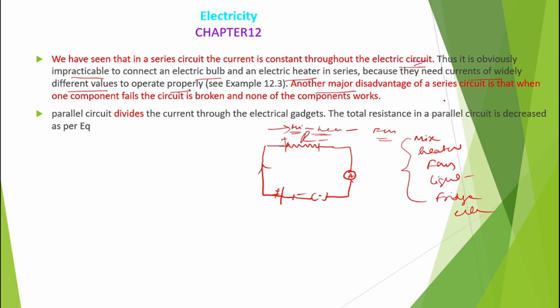Another major disadvantage of a series circuit is that when one component fails, suppose it is burnt, the others will not work, because the circuit will be broken. This is the major difficulty we are facing in series connections.